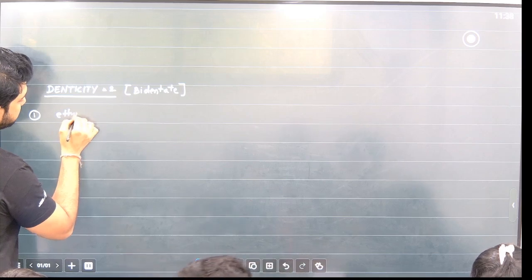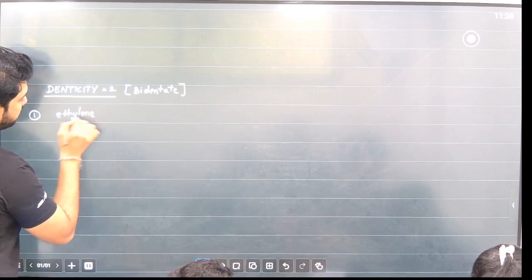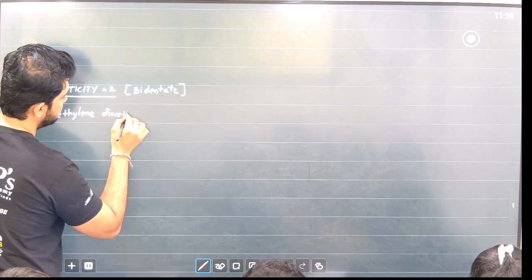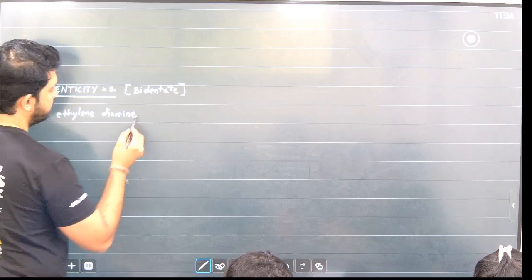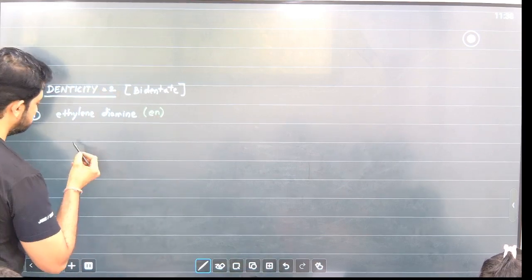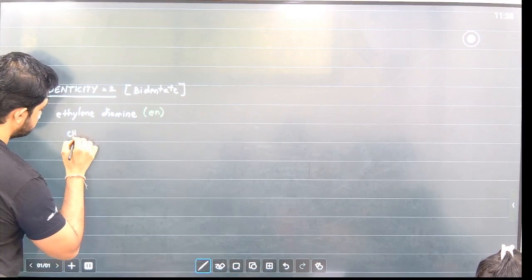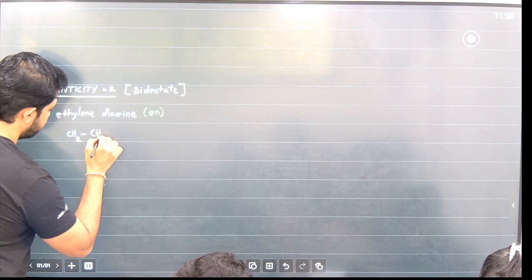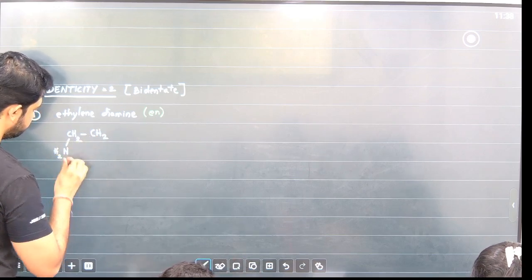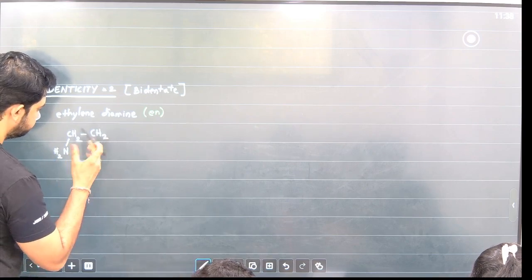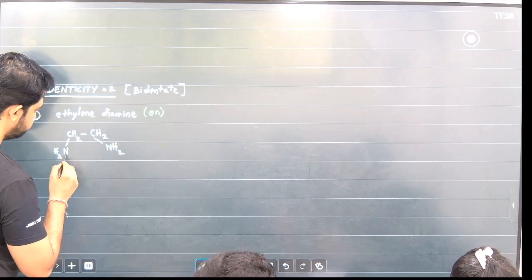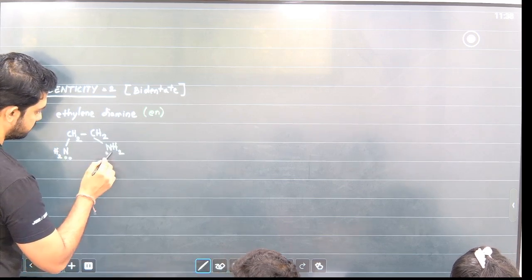Ethylene diamine, ठीक है? It is represented as EN. ठीक है? And it was something like this. And the donor atoms were nitrogen.